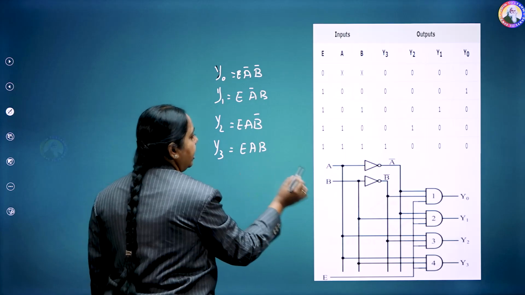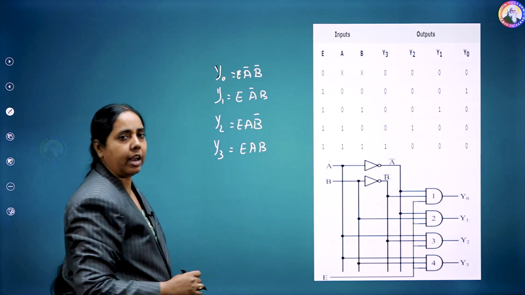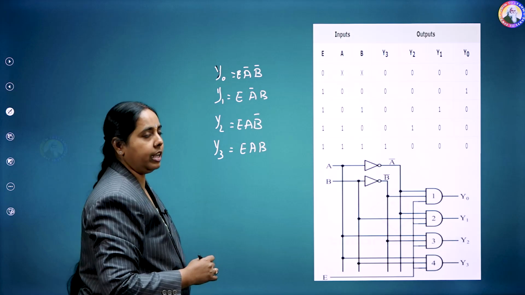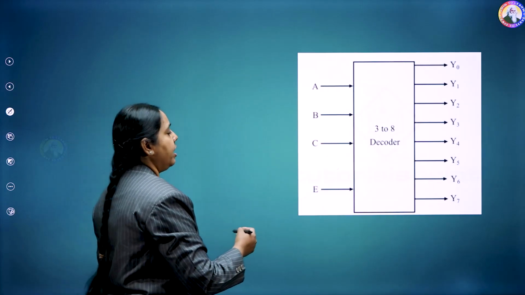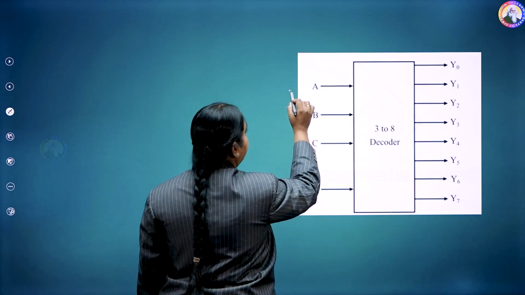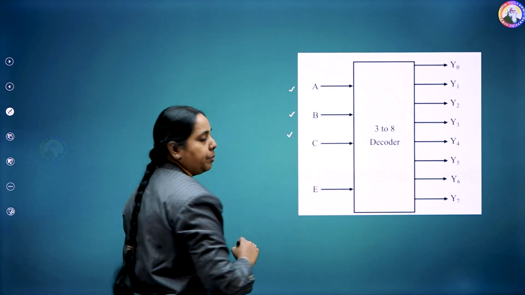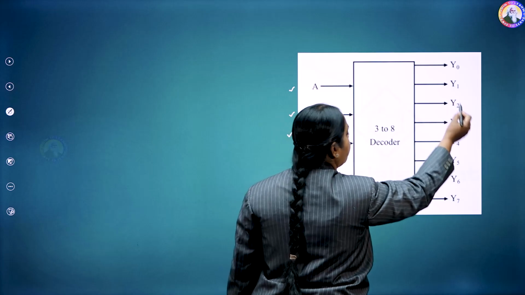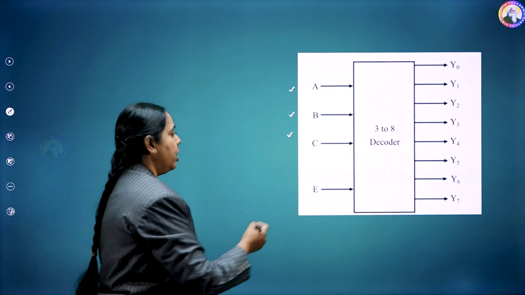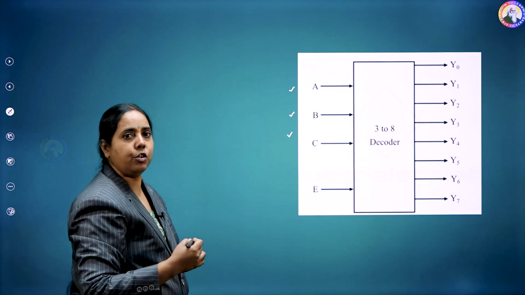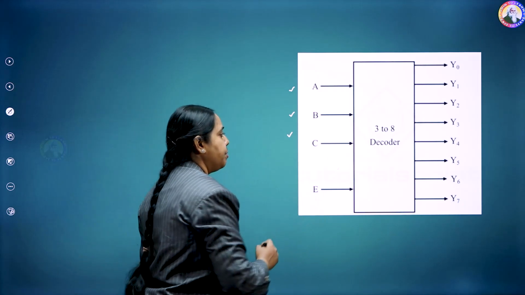Y3 is equal to E, A, B. So this is the logic diagram of the 2 to 4 decoder. Next is the 3 to 8 decoder. In the 3 to 8 decoder, I will have 3 inputs A, B, C and 8 outputs from Y0 to Y7. And for all decoders you will have the extra bit, that is the enable pin.